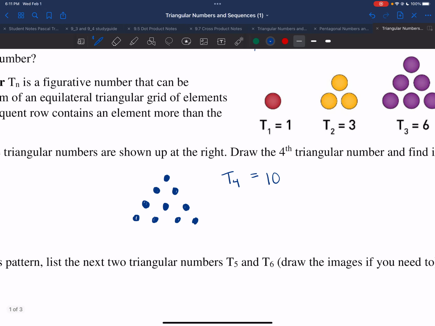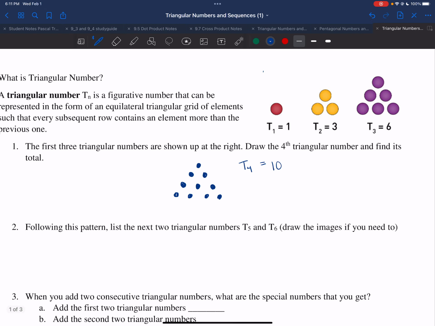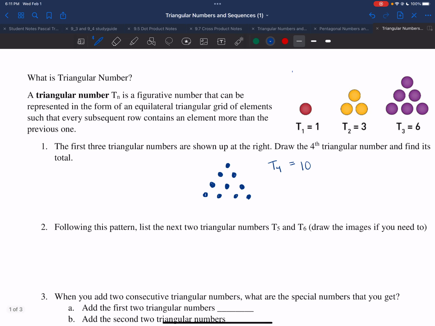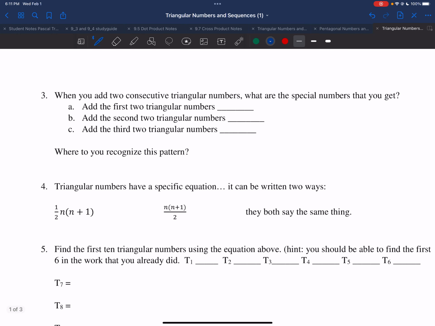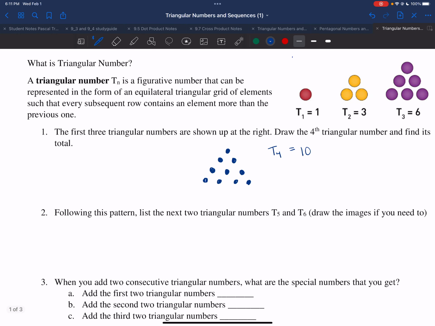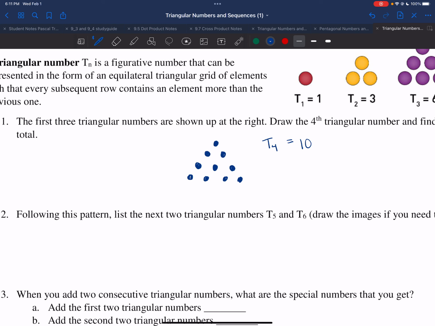All right. Following this pattern, list the next 2 triangular numbers, T5 and T6, and draw those images if we need to. Well, I don't mind drawing images, but what I like to do is look for patterns. That's what all these sequences are about. So let's write the first 4 and see if we can come up with some kind of a pattern.